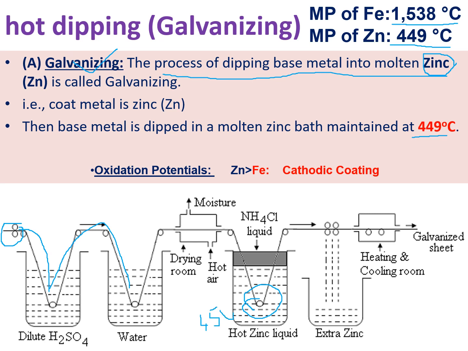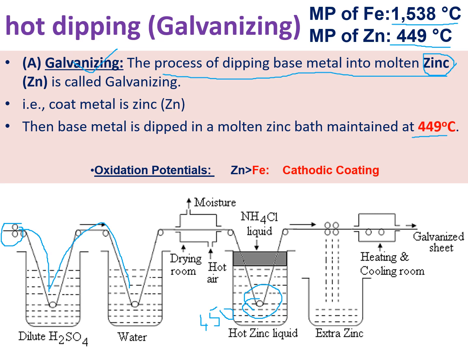But the iron melting point is over 1500 degrees centigrade. That's why iron will not become liquid; only the hot zinc covers the iron rod, and that iron rod is taken out and moved through rollers.